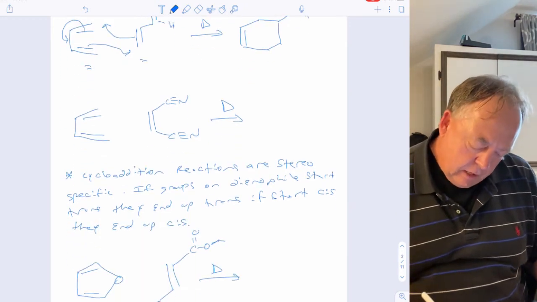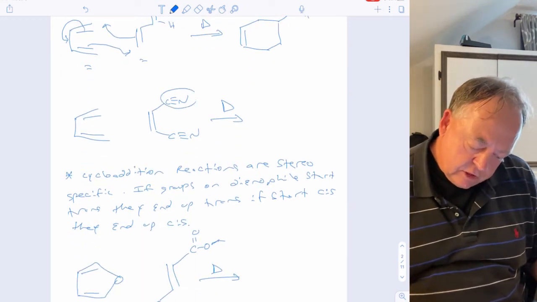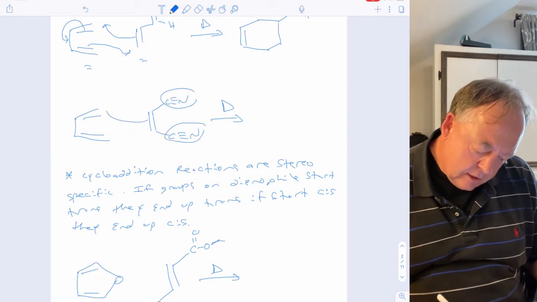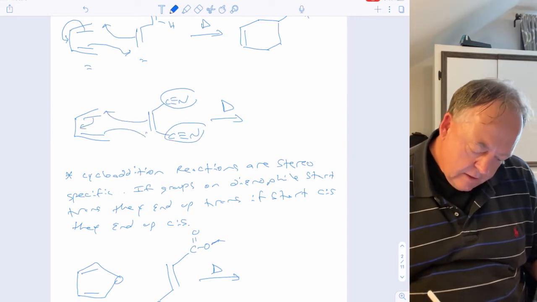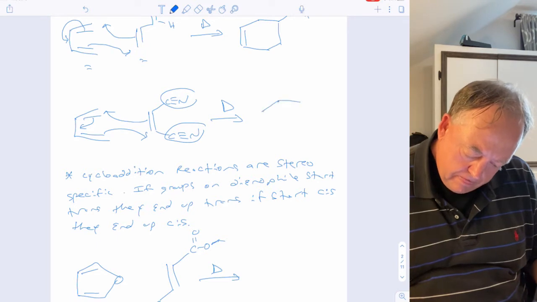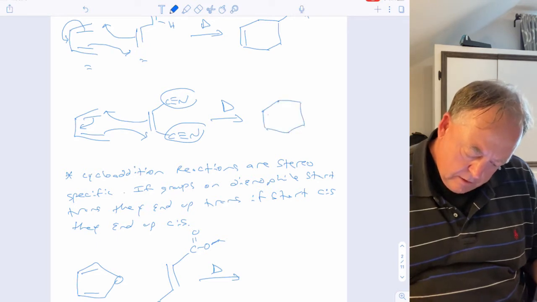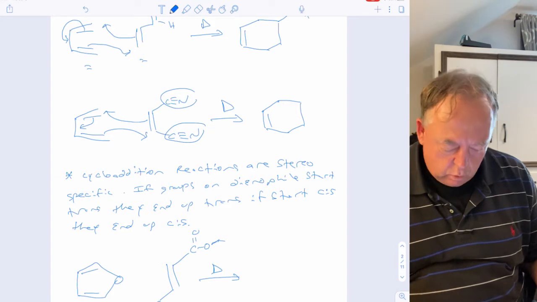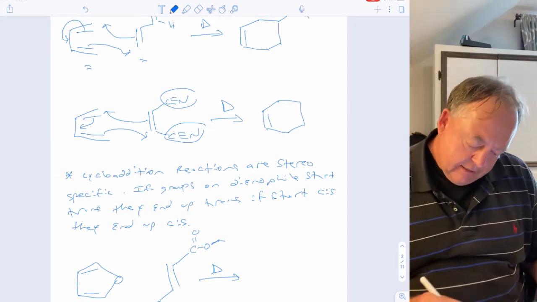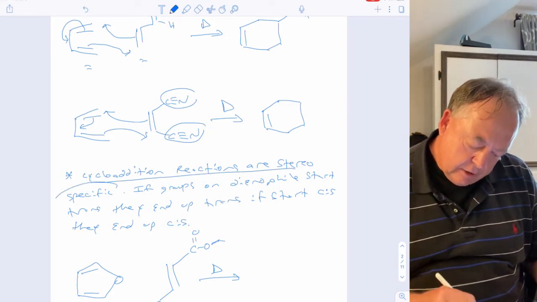Or if we take these 2 molecules, the CN groups are just along for the ride. These electrons go there, those 2 there, these 2 here. And you make that. What is significant about this reaction is that cycloaddition reactions are stereospecific.